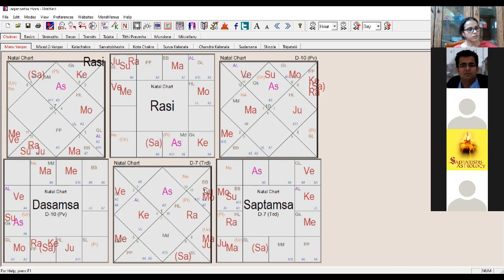Now my question is, would Jupiter being naturally afflicted as well as functionally malefic create a problem for childbirth? That means childbirth may be impossible or not impossible. I will tell you why we differentiate between functional benefic and natural benefic and malefic.